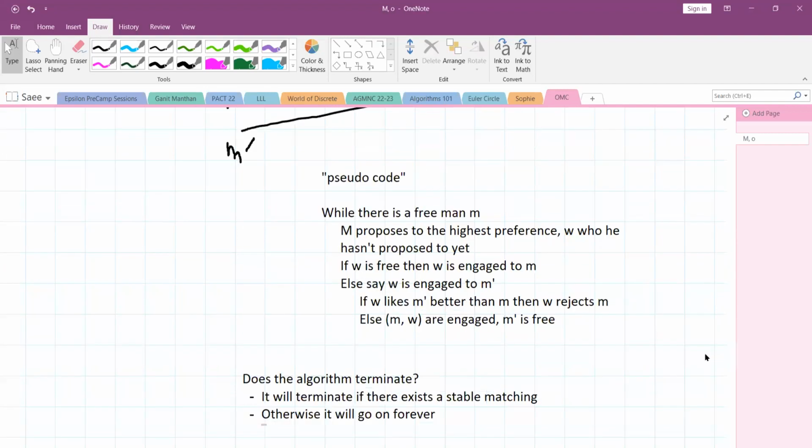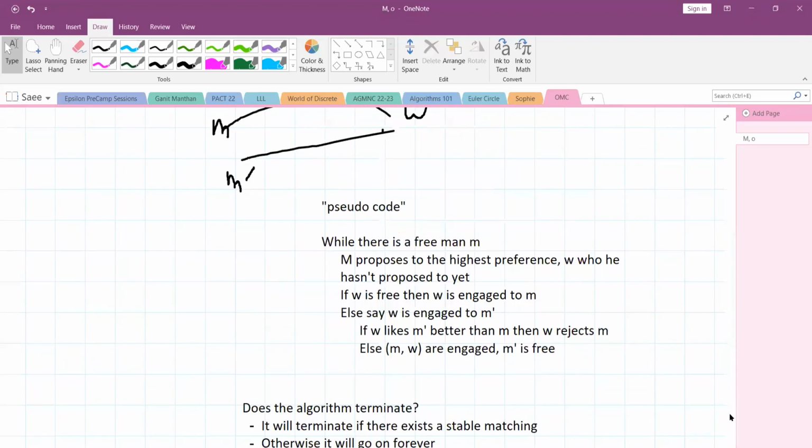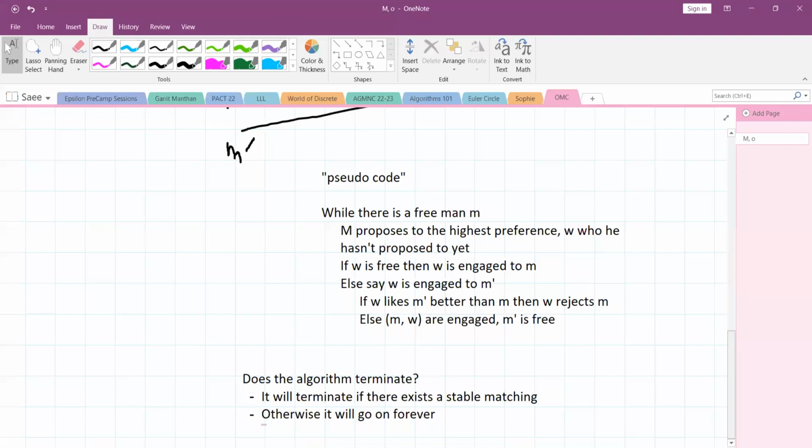Well, as it turns out, okay, so tell me this. How many proposals can a man make in the worst case scenario? Okay, maybe not ask that question yet. So, what is the condition for this algorithm to run forever?